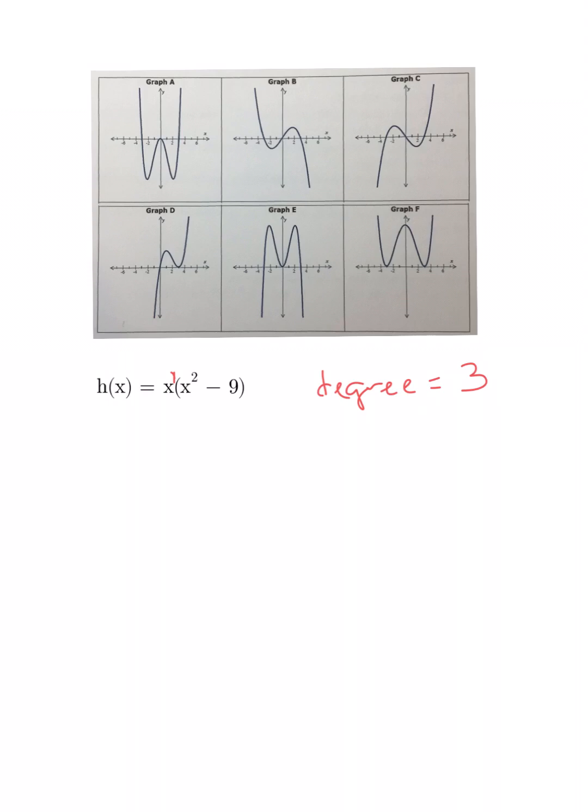Because both of these items are positive, we would have a positive leading coefficient. And when you have odd degree and positive leading coefficient, you fall to the left, rise to the right.